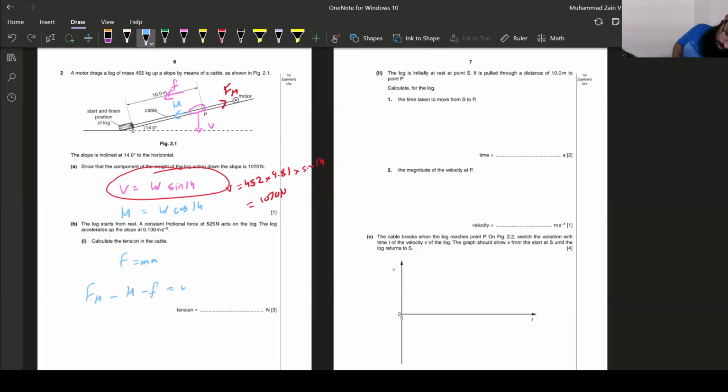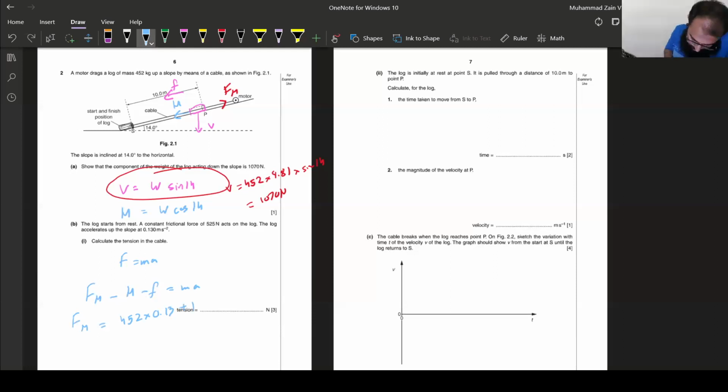So I need to find Fm, the force due to the motor, and the force applied by the motor would be equal to the tension force. So Fm equals H plus F plus m times a. So mass is 452 times 0.13, plus H plus F, which is 525.